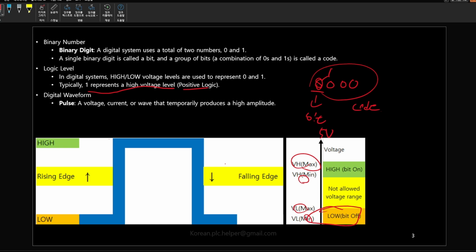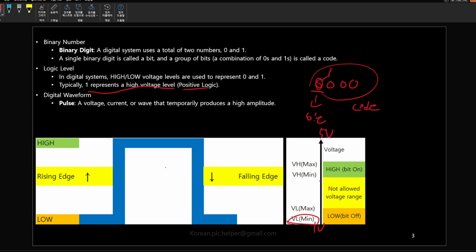For example, let's assume it is 1 volt. Next, low max is the maximum voltage allowed to maintain the low status.